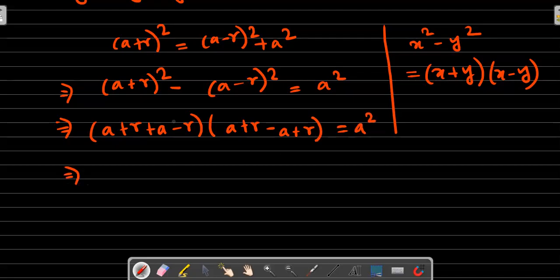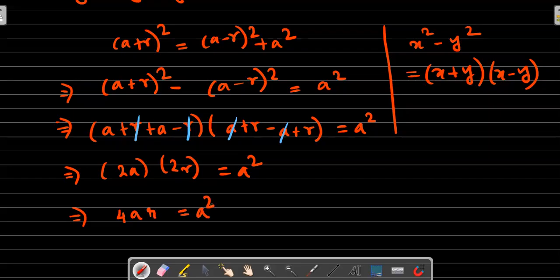So from here, r and r get cancelled out in the first bracket, and a and a get cancelled out in the second. So we get 2a from the first bracket and 2r from the second, that is equal to a square. Now you get 4ar equal to a square.